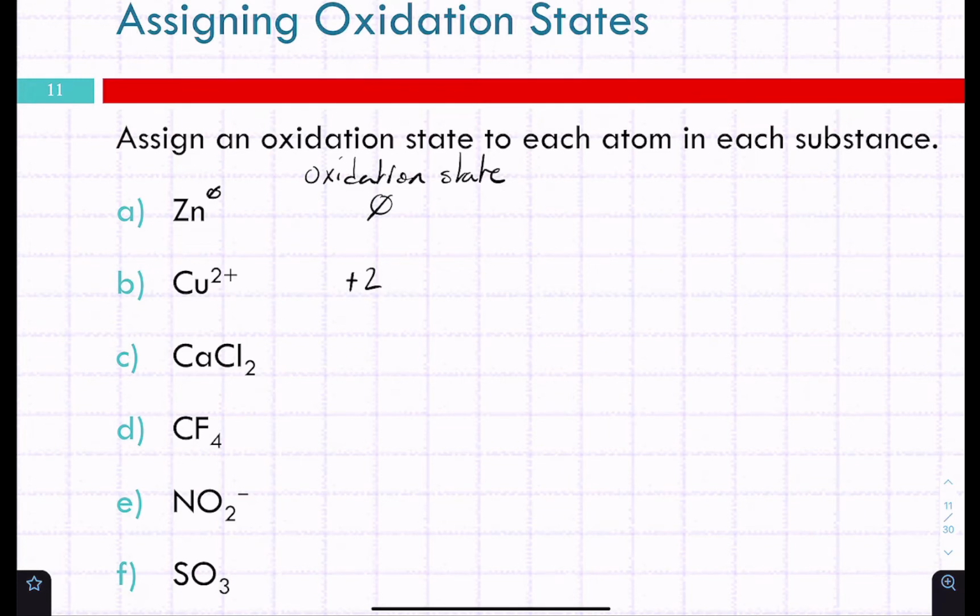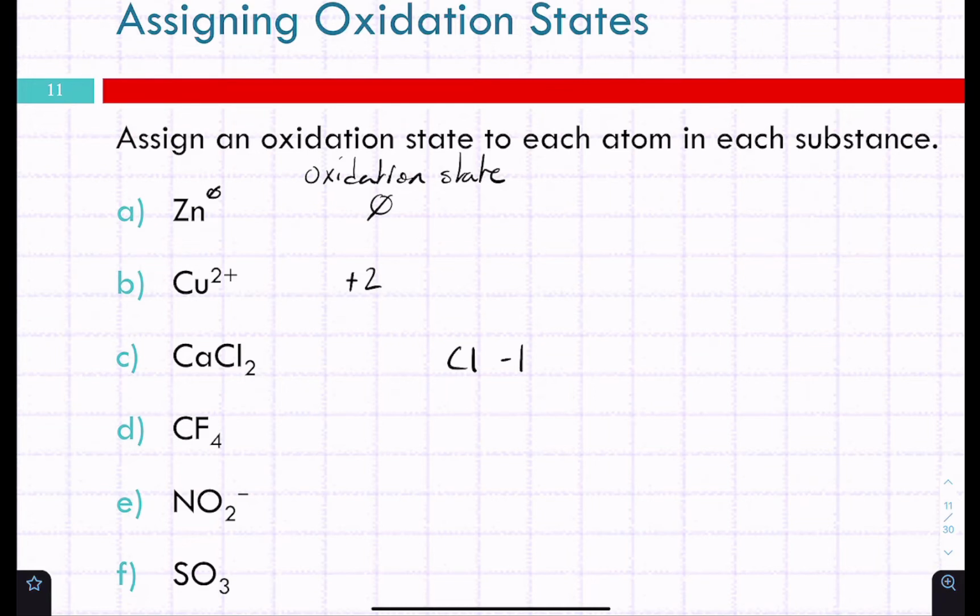So for calcium chloride, -1 is the chloride. We have to assign it for each atom in the substance. For chlorine, this is going to be -1, and it's -1 for each chloride atom, so each of those chlorines is -1.